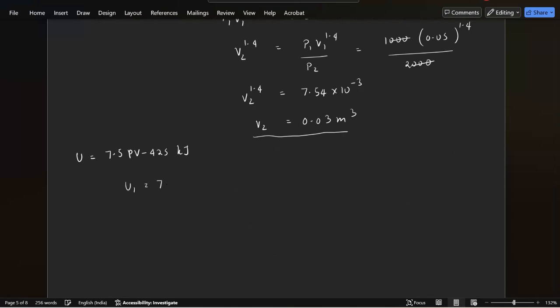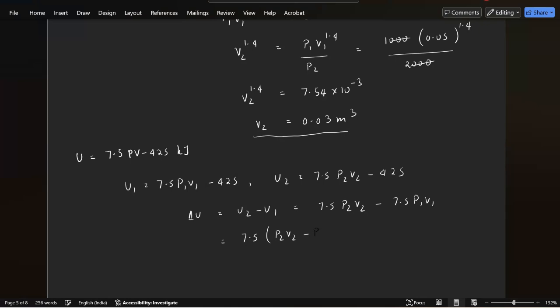U1 is 7.5 P1 V1 minus 425. U2 is 7.5 P2 V2 minus 425. Now delta U is equal to U2 minus U1. We just need to subtract these two. So it will be 7.5 P2 V2 minus 7.5 P1 V1. And this 425 and 425 will get cancelled. That is quite simple.